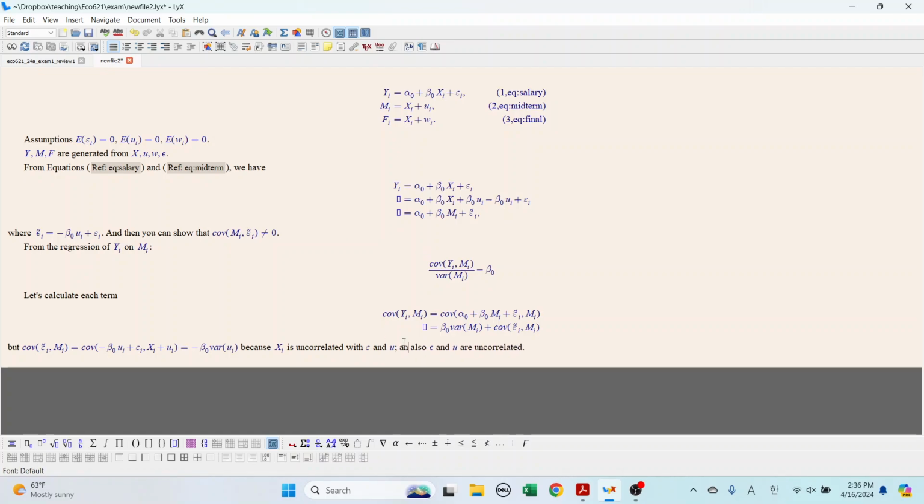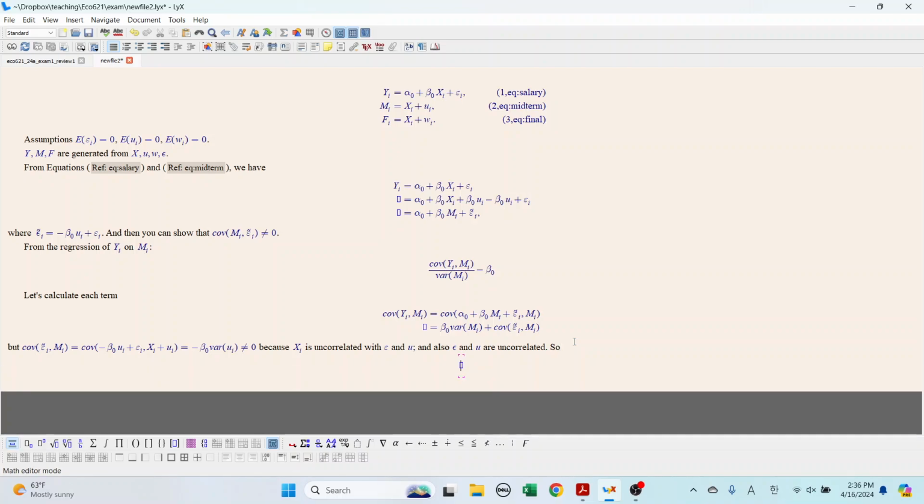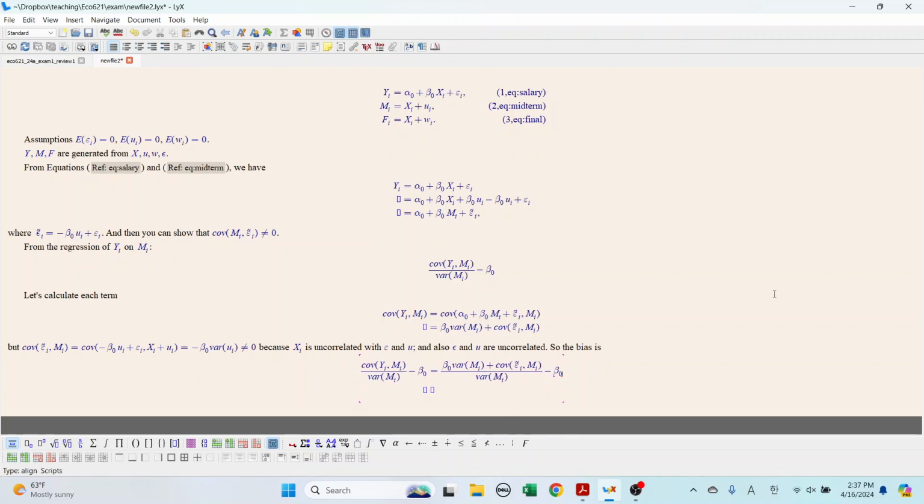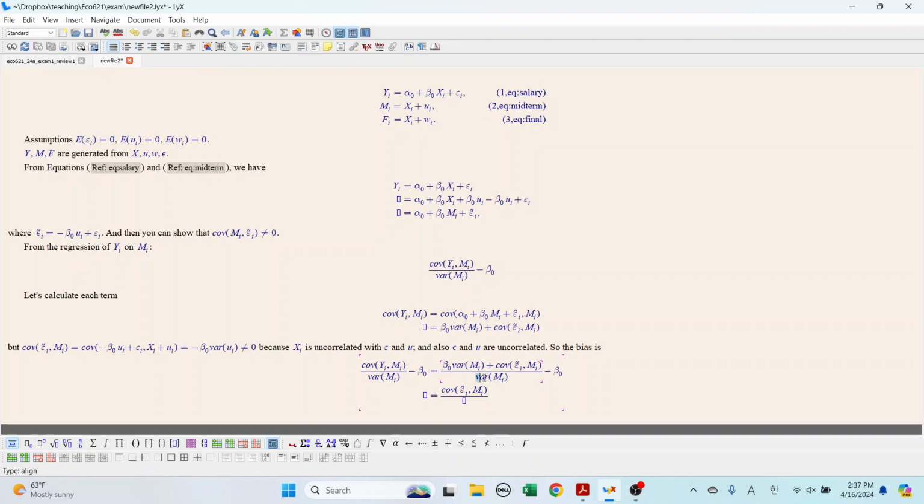And furthermore, as a result, the bias is like this divided by this, minus beta 0, and as you know, a term cancels out, and this only has covariance divided by variance, right?